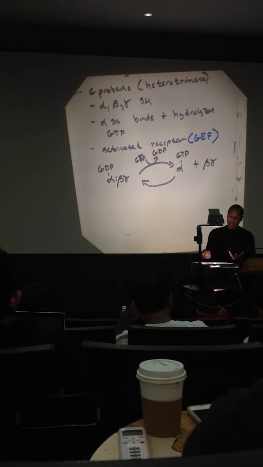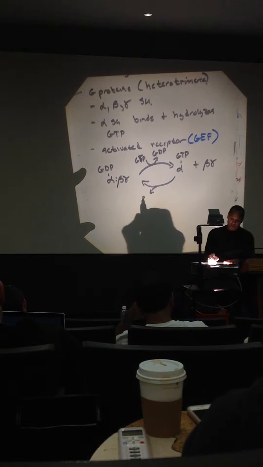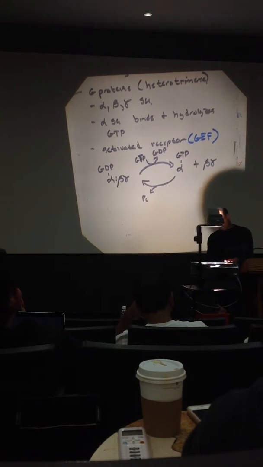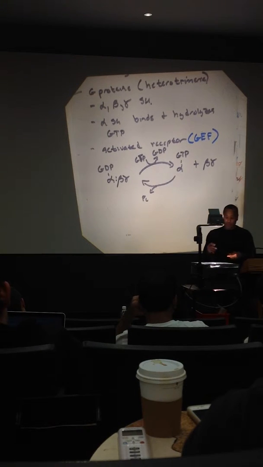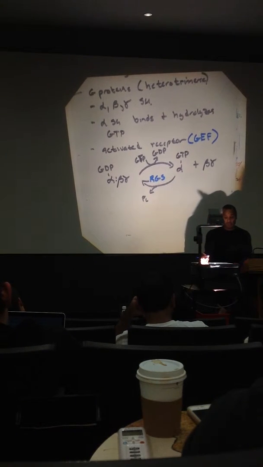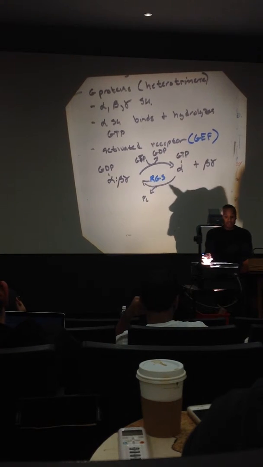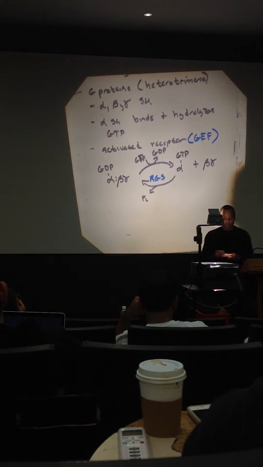And so just like the small G proteins that we saw, this gets turned off by hydrolysis. And there are a class of enzymes that help with that. They're called RGS proteins, for regulator of G protein signaling. And these are basically GAPs. They're GAPs that are specific for heterotrimeric G proteins.